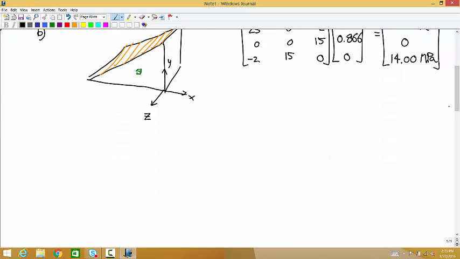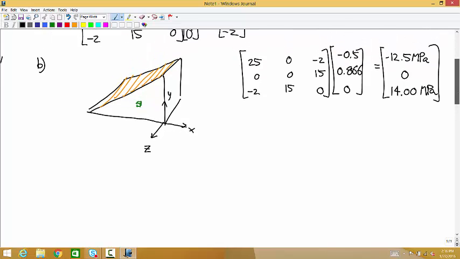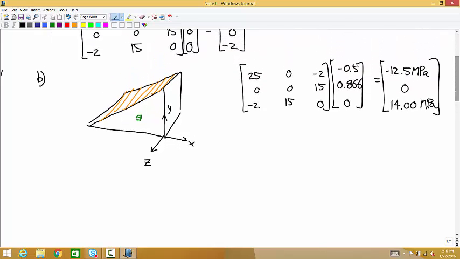How did you get the normal vector? Oh, this is like my favorite topic. Okay, so this is 30 degrees, and we're just trying to come up with a unit vector in that direction.